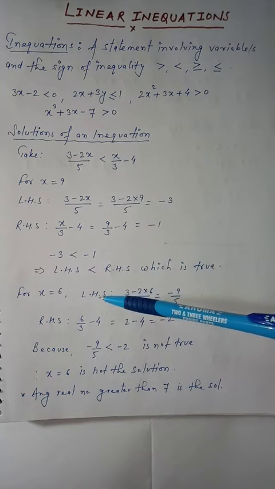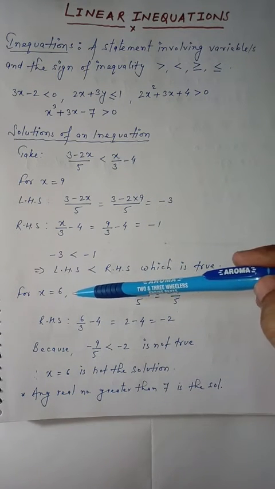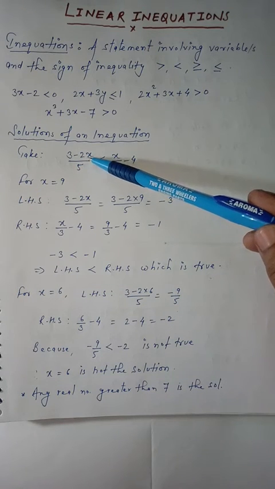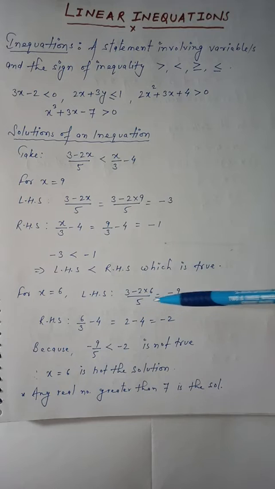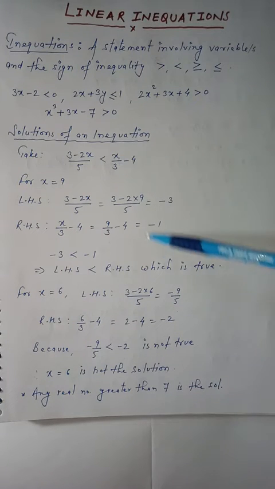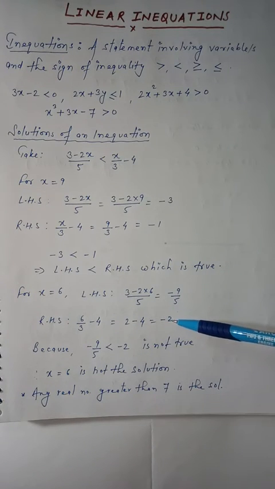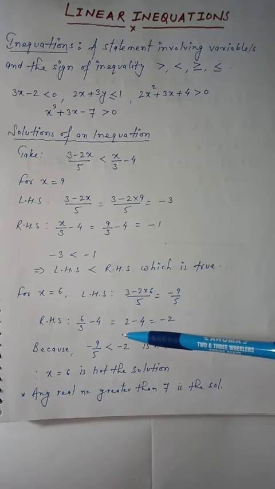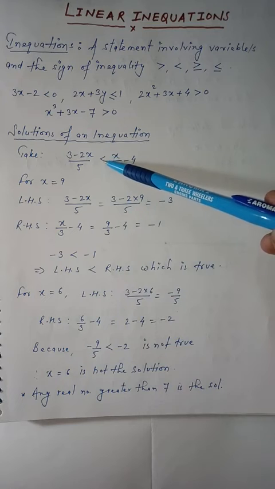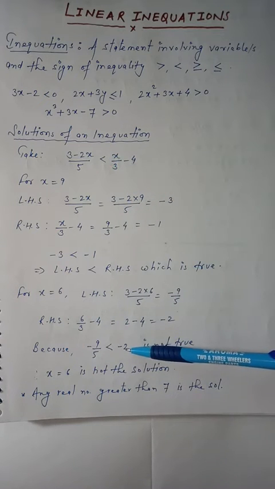Whereas when we put x equal to 6, the left hand side will be 3 minus 6 into 2, which is 12 upon 5. So we are getting minus 9 by 5. Whereas on the right hand side, when x is 6, it is minus 2. Now the left hand side is minus 9 by 5 and the sign is less than, and the right hand side is minus 2.